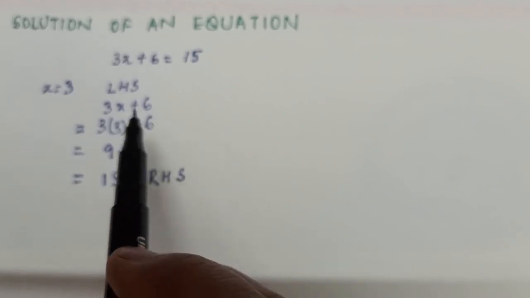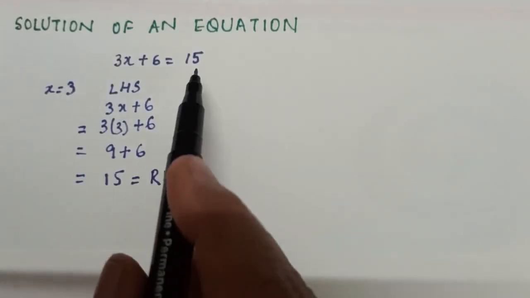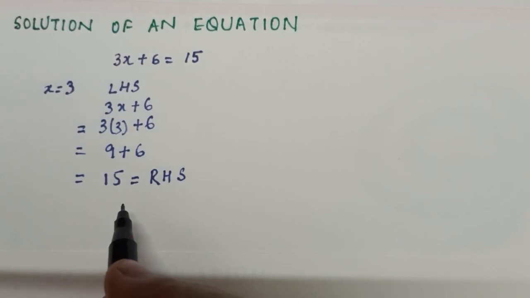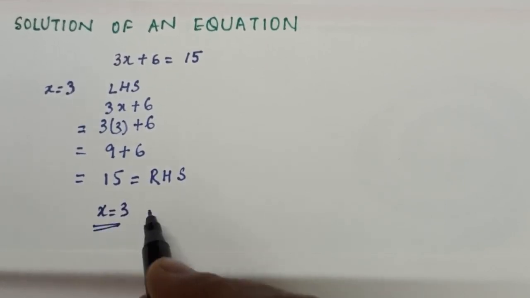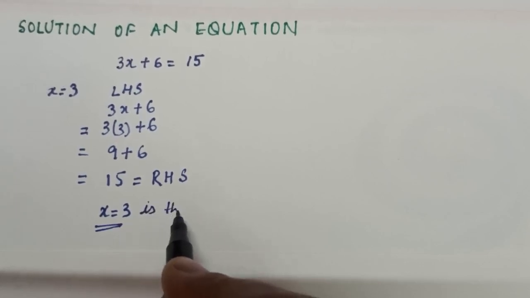So we can see here our left hand side has become equal to right hand side. It means x is equal to 3 is the solution of the equation.